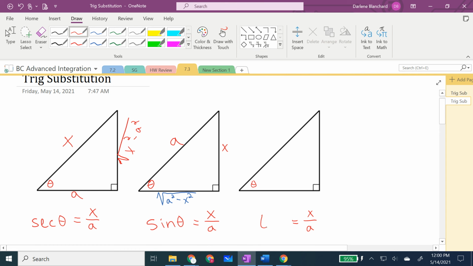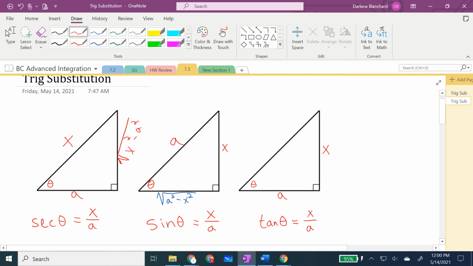So I want you to realize that all 6 trig functions can be used. These are the standard 3 that get used because their derivatives don't bring out negativity. But that doesn't mean the math requires you to use these. So I'm going to put down opposite over adjacent.